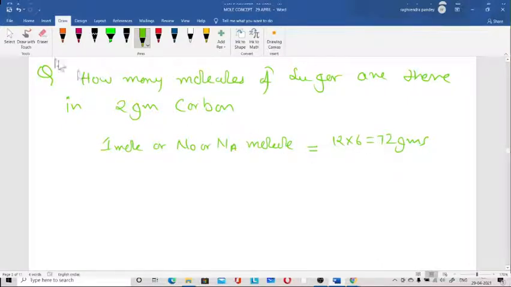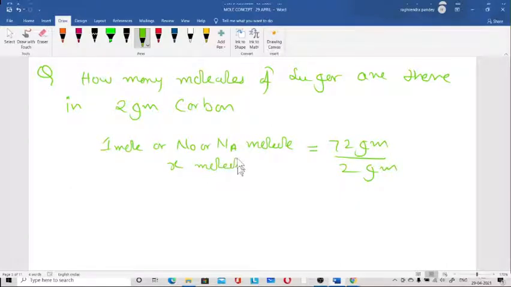So I should just write 72 grams. Now in 2 grams there will be X molecules, because you have to find molecules directly. Na is Avogadro number, and N naught is also called Avogadro number. You can use either way.